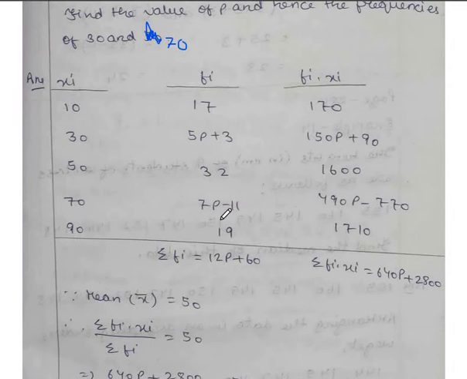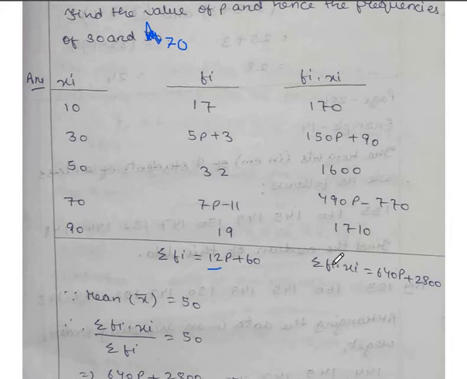Here you can go for sigma fi. Except for the variable part, the rest of the numbers you can add and subtract. So 5p plus 7p becomes 12p. 17 plus 3 plus 32 minus 11 plus 19 will give you 60. So sigma fi is 12p plus 60.